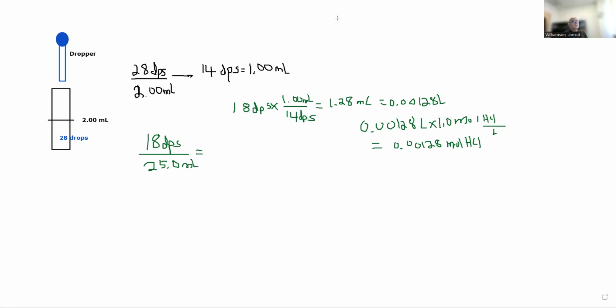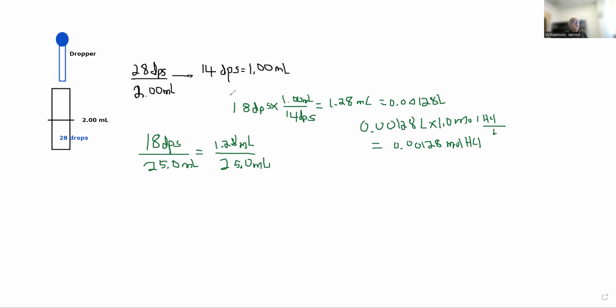That means that my 18 drops for 25 mils was really 1.28 milliliters of the hydrochloric acid solution for my 25 mils of buffer, right?